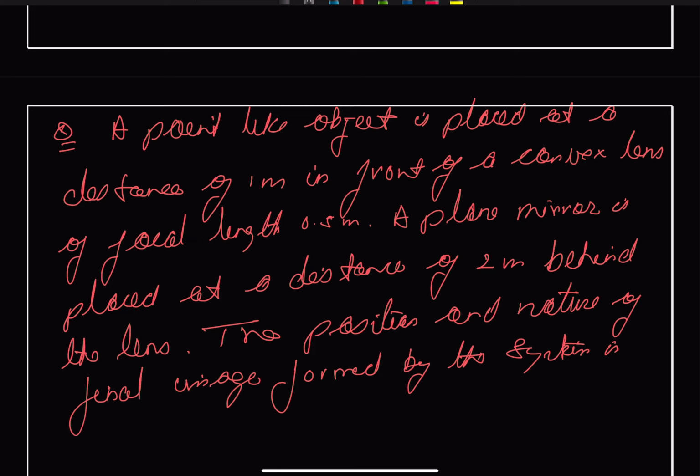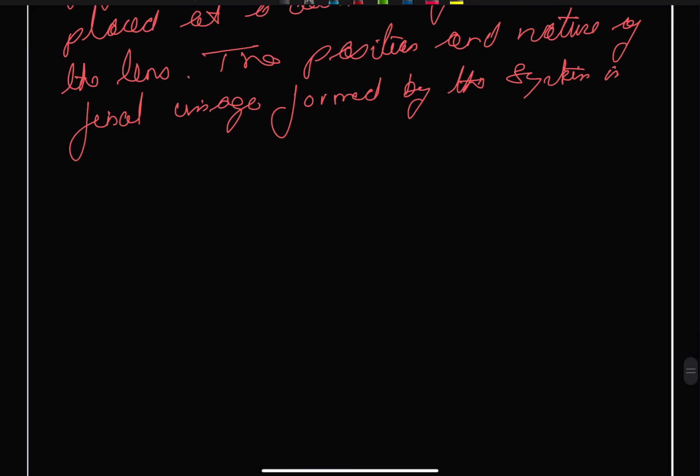Here it is a combination of both a lens as well as a mirror. The mirror is given as a plane mirror and the lens is a convex lens. So we can just draw an approximate figure. Let us suppose this is our principal axis.